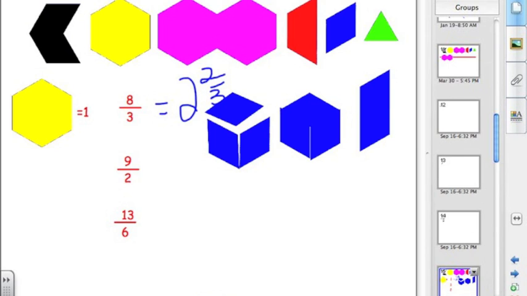I'm dividing because I know for every 2 pieces I can make a whole, and I have 9 of them, right? The numerator always tells me how many I have of them, and the denominator tells me what size they are. It's the denomination of the fraction, right? So when I see a 2 on the bottom, it means I need 2 to make the whole.